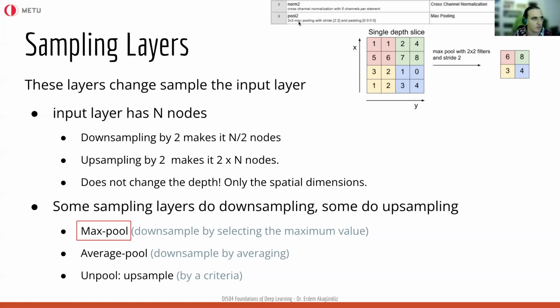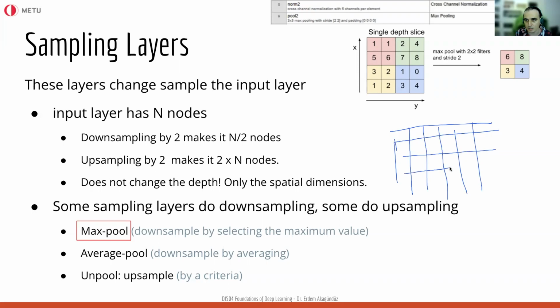Let me try to draw it with my broken pen. You had an image, and this is the input channel, which goes on 27 by 27.